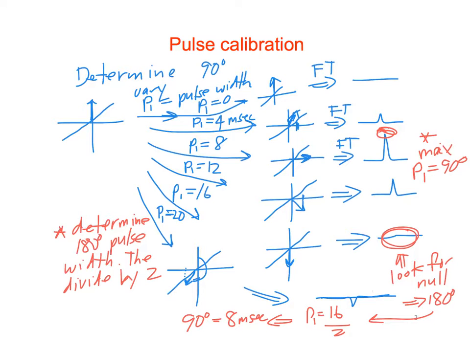And so there'll be an experiment on the spectrometer that's for determining the pulse width. Okay? So knowing the 90 or the 180 is really important, especially once you get into two-dimensional NMR. Okay? If you're just doing one-dimensional, it's not quite as critical.